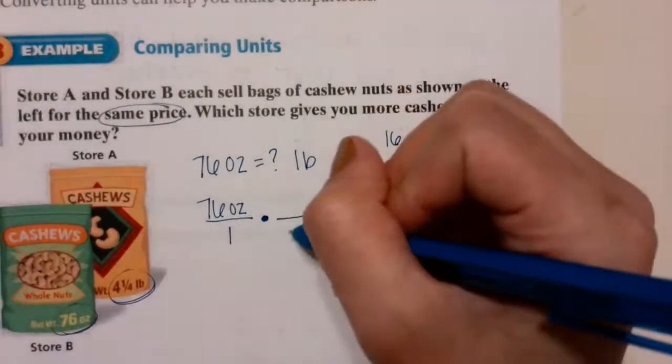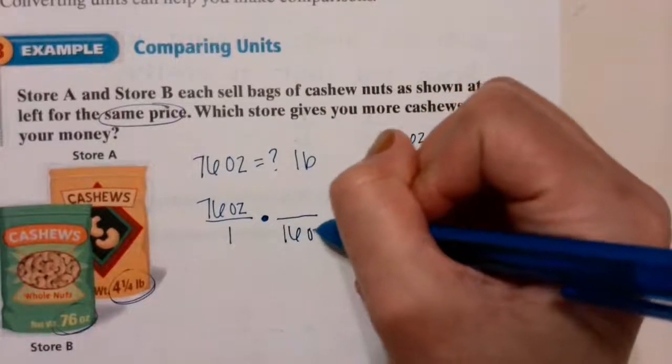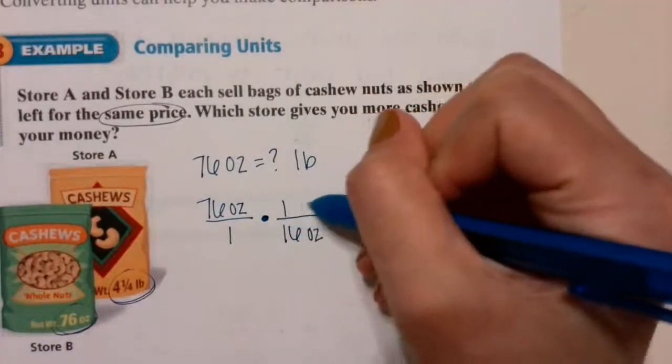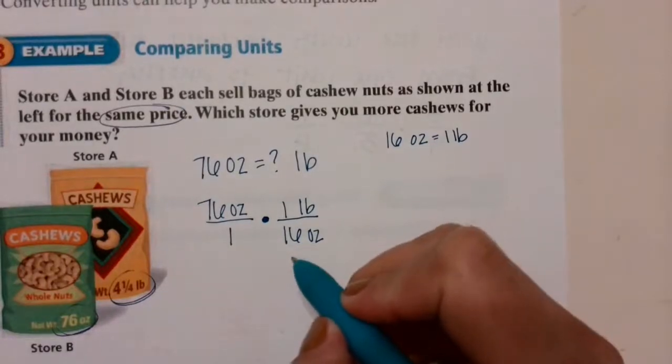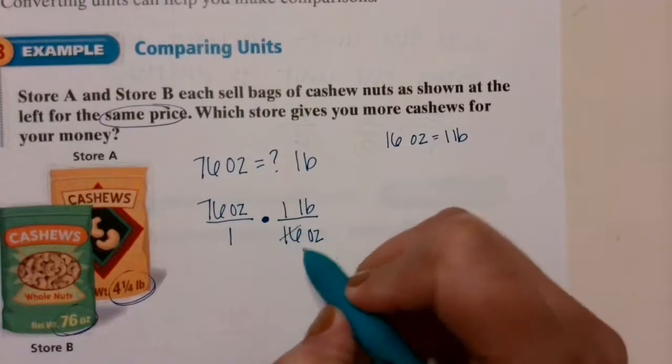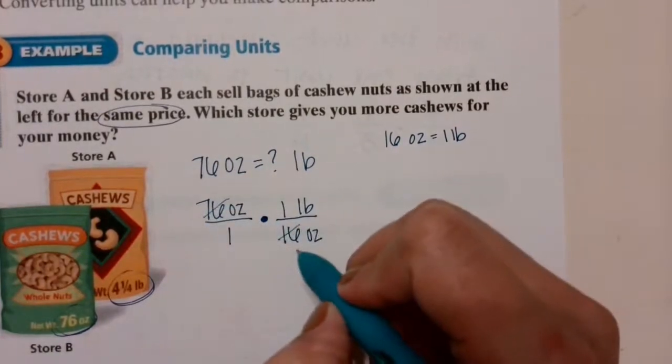So the ounces are going to go down here, 16, pound is going to go up here, 1 pound, and we'll do some simplifying. Both of these are even, so divide this by 2, and that's 8.